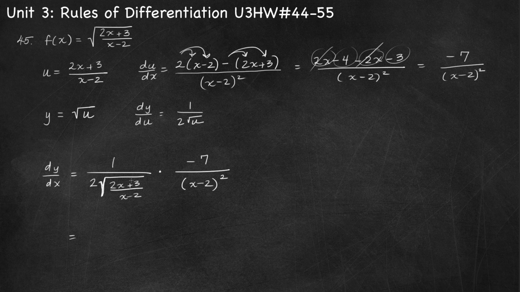And I have 1 over that, which is going to take the square root of x minus 2 and flip it up to the top. So I have, in my numerator, I've got the negative 7. Then I've got the square root of x minus 2, flips up to the top. In the denominator, I have a 2, and I have a square root of 2x plus 3. And then I also have my (x minus 2) squared.